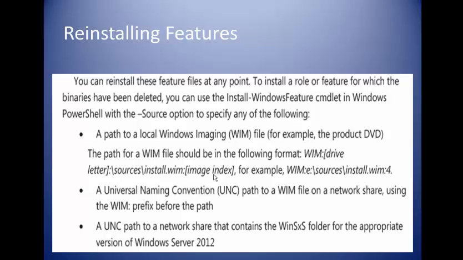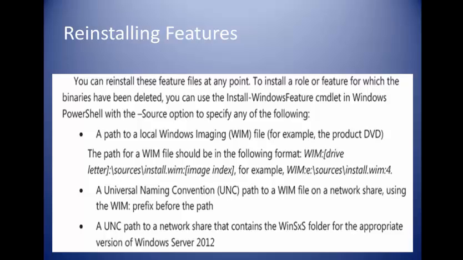If you remember, when we were doing the clean install in a previous lesson, there were a number of Windows Server images. You had Server Standard, Server Core, Server Standard GUI. You also had Data Center GUI and Data Center Core.